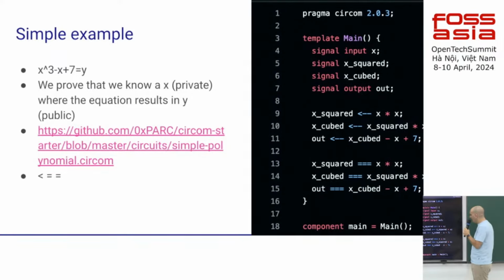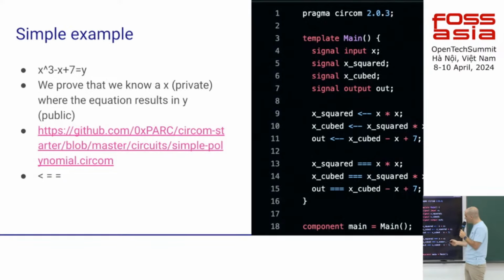Then we need to do the witness generation, which is done with the single arrow in Circom. When we're evaluating the witness, this program is executed and the arrows assign values to the signals, and hence to the whole witness, because X is given in the input. And these are the constraints.